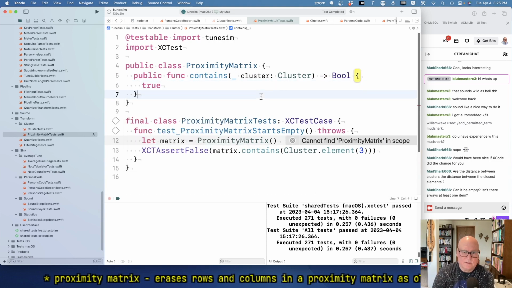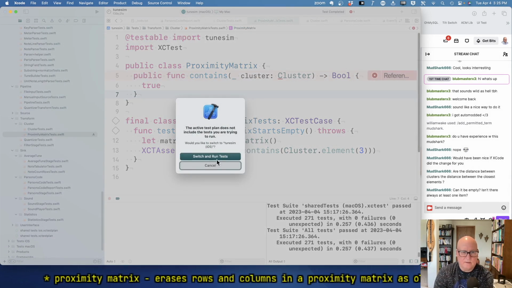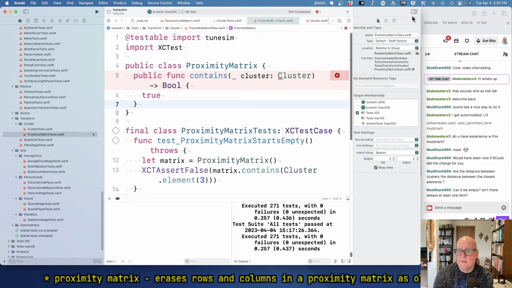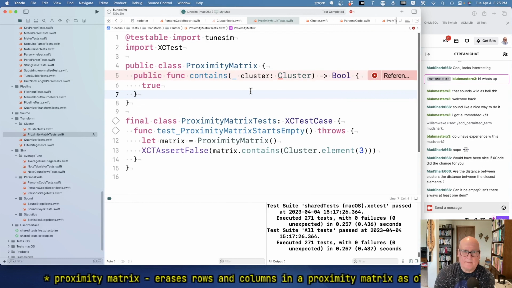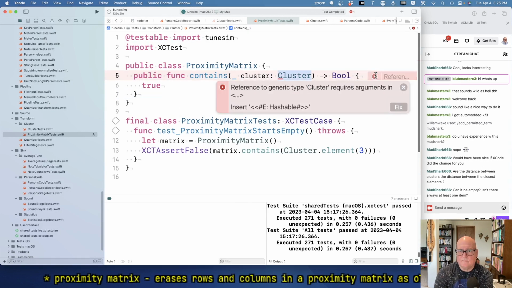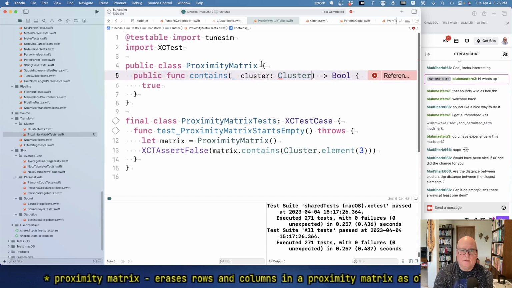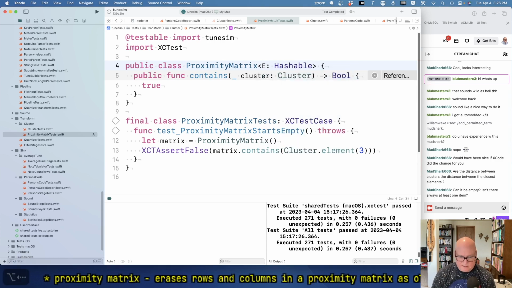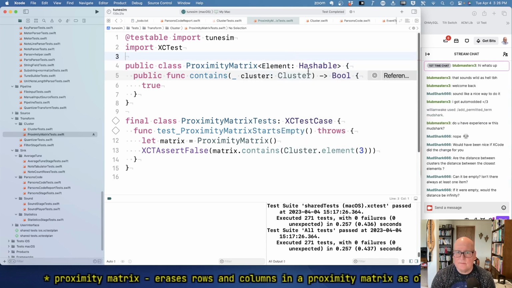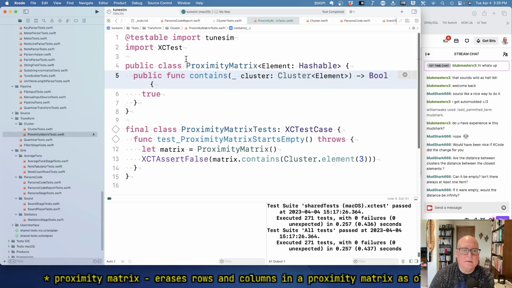And we'll just hardcode true just so we get a failing test here. Here's where I pay for my genericity. E Hashable. I think I like it spelled out better.